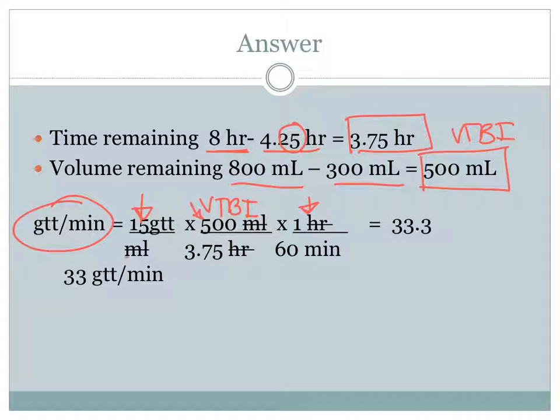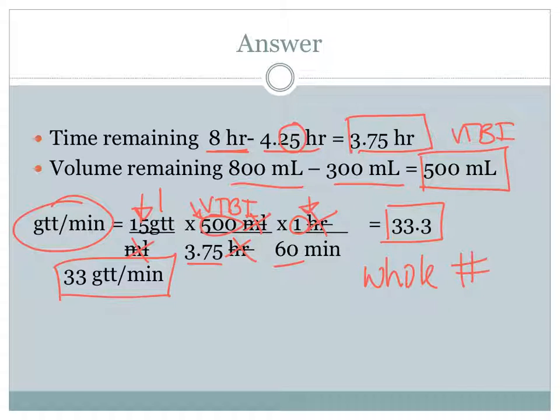Here we cancel out the milliliters and the hours, and then you take 15 times 500 times 1 divided by 3.75 times 60, which gives you 33.3. Again, we have to round to the whole number, and that gives us 33 drops per minute.